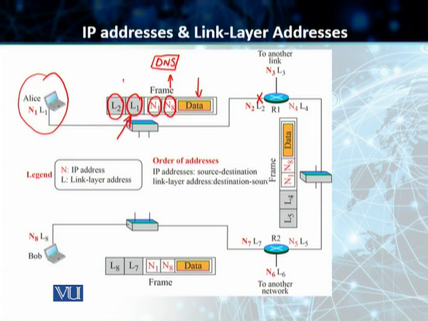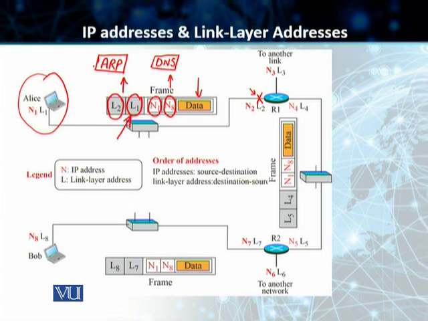Students, Alice will find out on the data link layer the physical address of this particular interface of the router by using a process that we call ARP, Address Resolution Protocol, and that's our next topic that we are going to be talking about in detail.